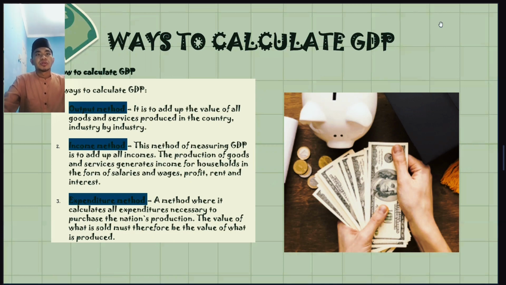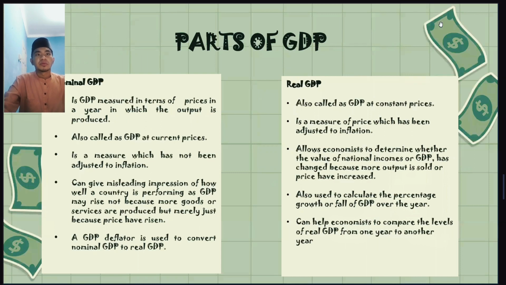It is a measure which has not been adjusted for inflation, and can give a misleading impression of how well a country is performing, as GDP may rise not because more goods or services are produced but merely because prices have risen. A GDP deflator is used to convert nominal GDP to real GDP.